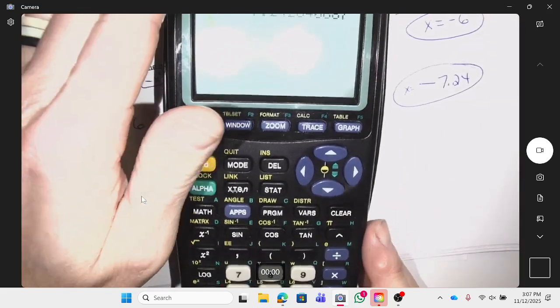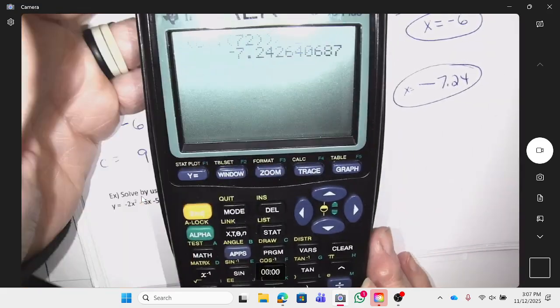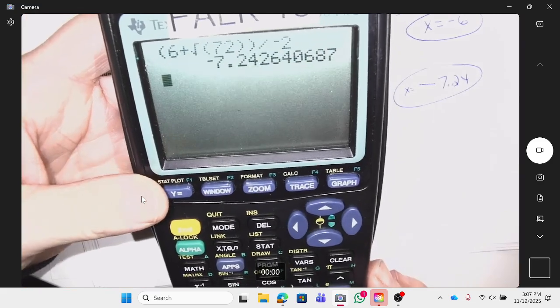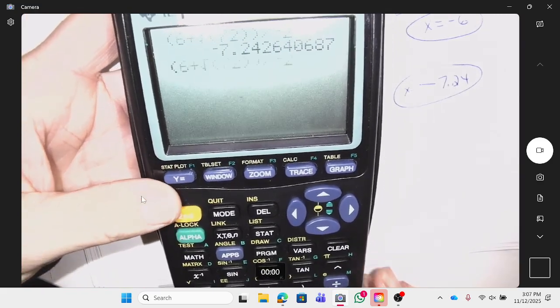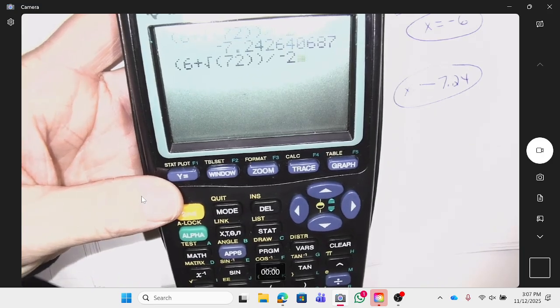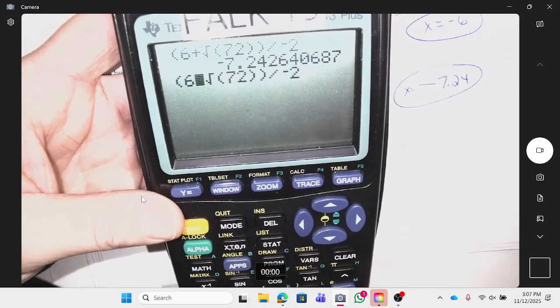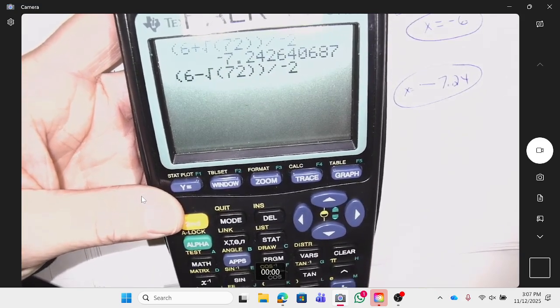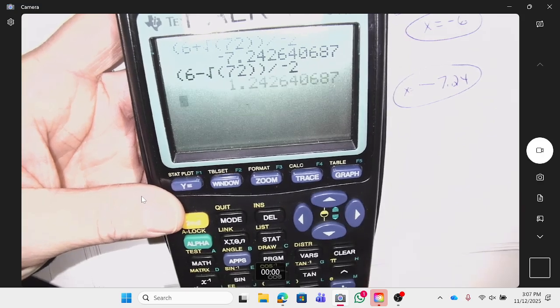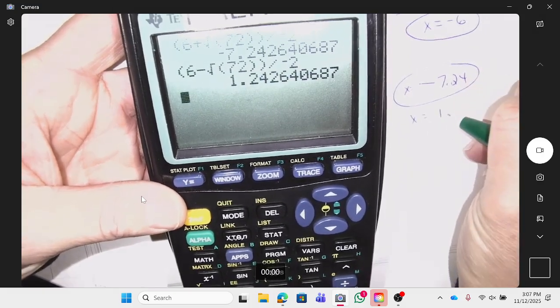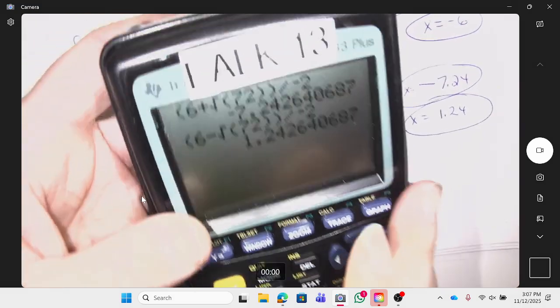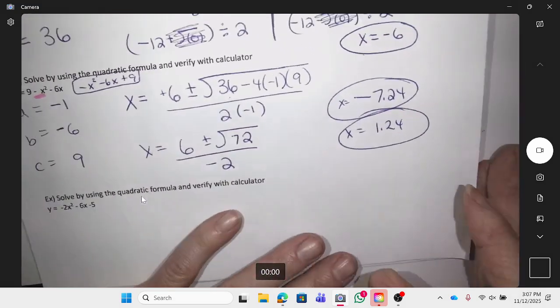Okay, how do I quickly just get this into my calculator again to avoid typing it? Second enter. Scroll back. I don't want to add this time. I'm going to hit subtract, equals. There's my 2 x-intercepts.